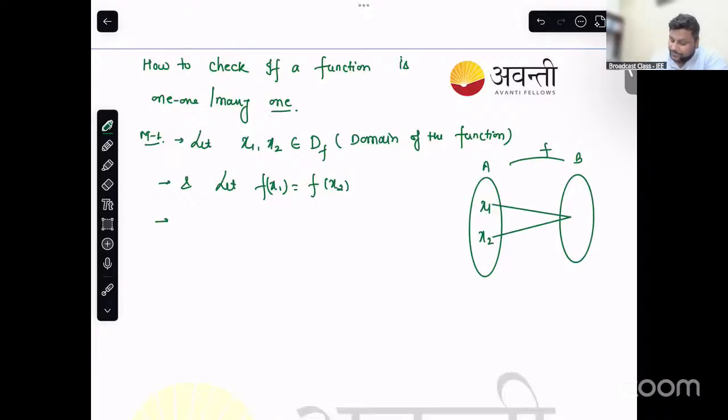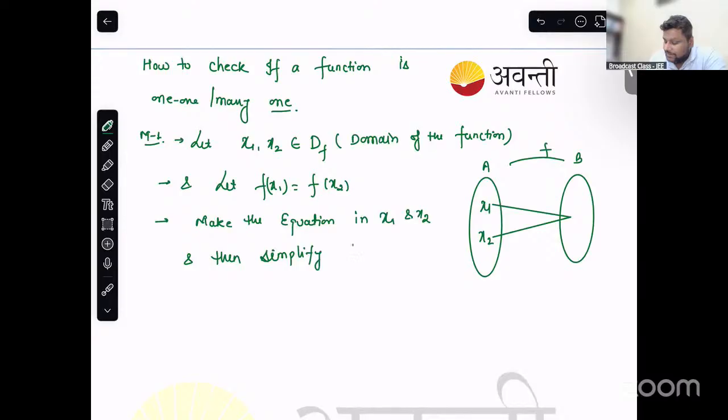Now this is your first step, second step. Now make the equation in x1 and x2, and then simplify the equation.